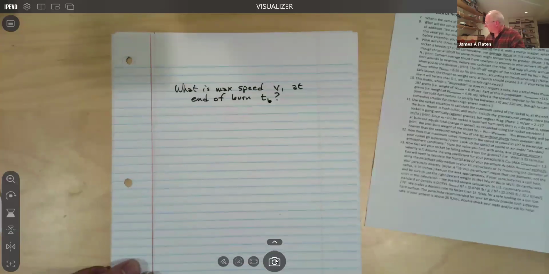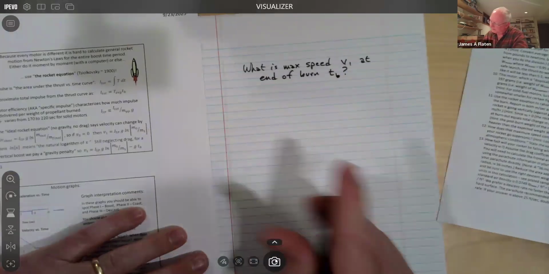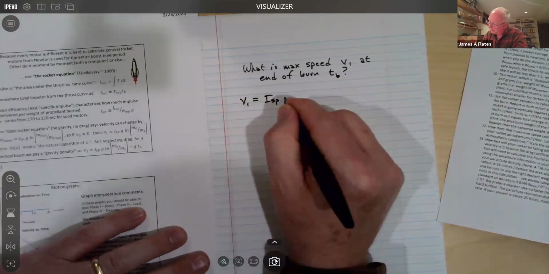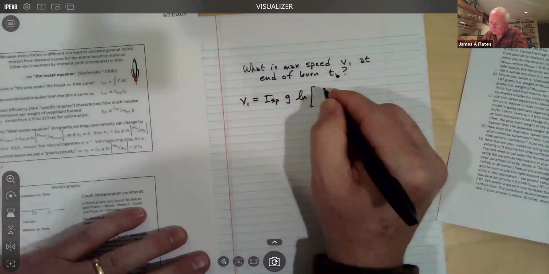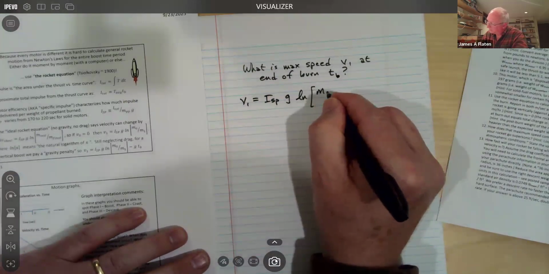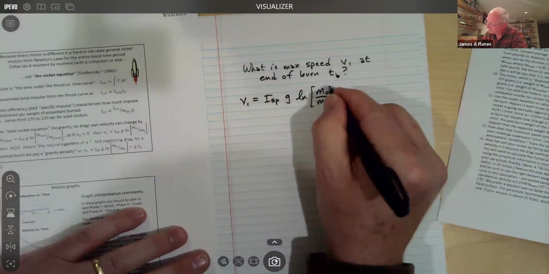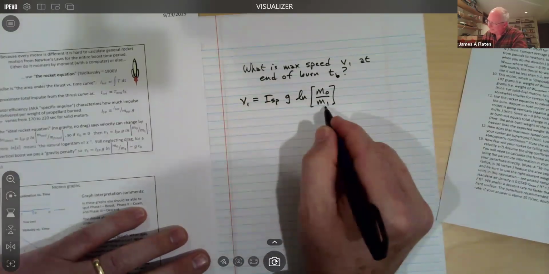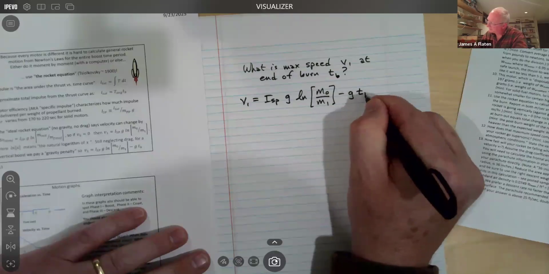Coming back to the equation from the slides, V1 is equal to ISP multiplied by G multiplied by the natural logarithm of the ratio of the mass or weight before I burn to the mass or weight after I burn. That's as fast as you could possibly go, but I'm going to subtract off what's called the gravitational penalty, which is G times TB.